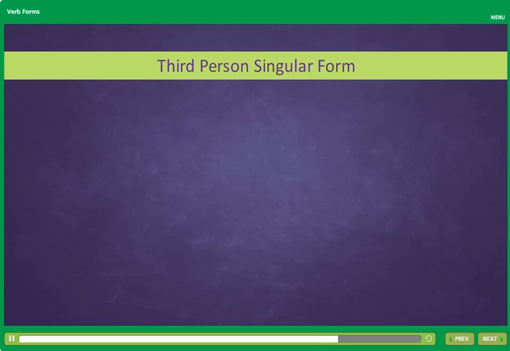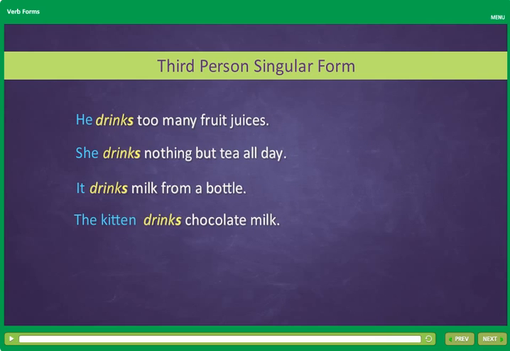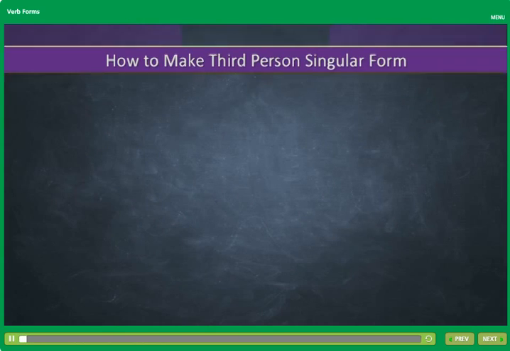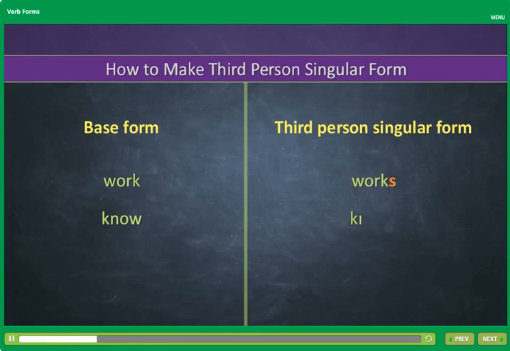We use the third person singular form of verbs when referring to he, she, it, and singular subject. With most verbs, S is added to make the third person singular.